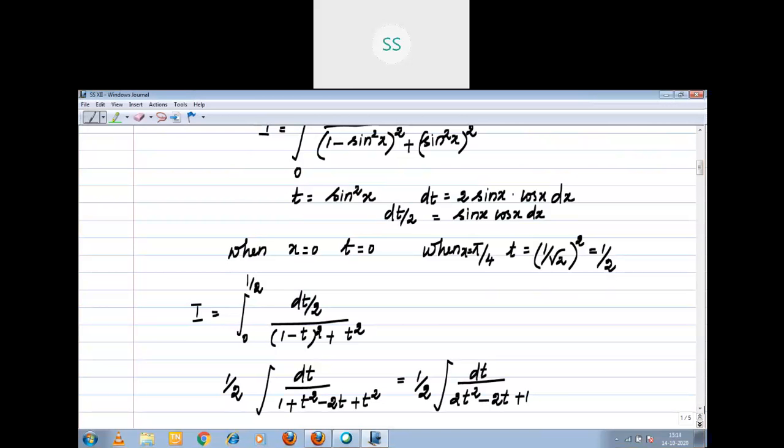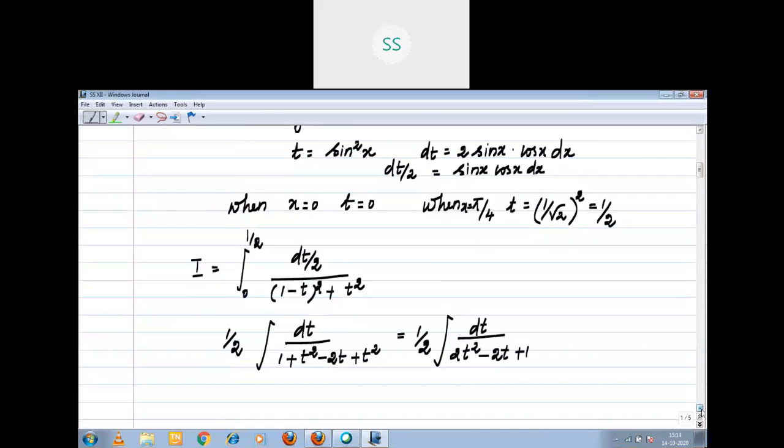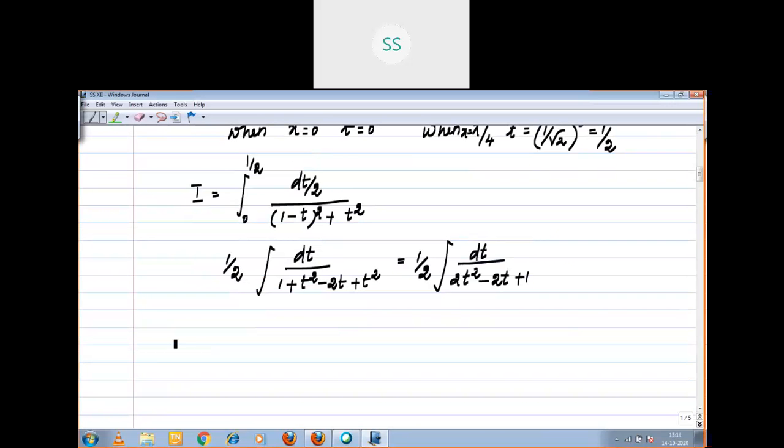Now I am going to take 2 as common in the denominator. Then I equals 1 by 2 into integral dt divided by 2 into t square minus t plus 1 by 2.